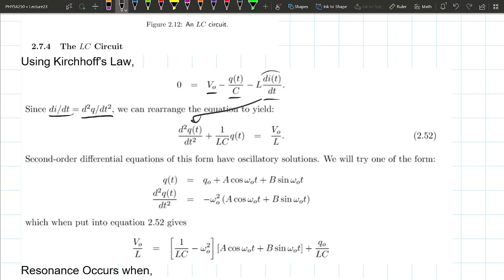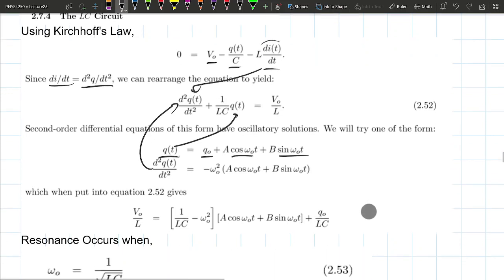So all we're going to do is guess that the solution has to be some initial charge times some oscillation of cosine plus some oscillation with sine, with some amplitude between them that's characterized by these letters A and B. And then indeed, if you plug this into here and plug this into here, you're going to find that it does solve the equation. And it's actually a complete solution, which is sort of an interesting thing also.